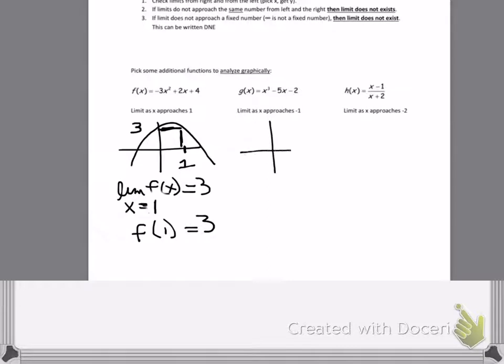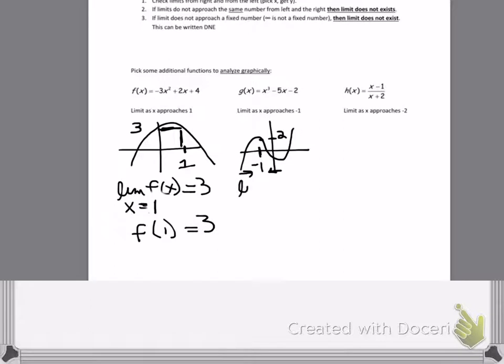Okay, the next one is a cubic. If you would put it in your graphing calculator, you'd see something that looks like that. If I'm going to evaluate that at x is negative 1, I'm going to approach from the left and from the right and read off the y-axis as I get closer and closer to negative 1, and I find that the value I'm approaching is 2.